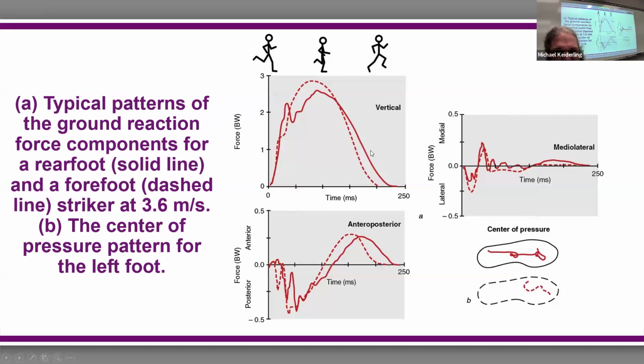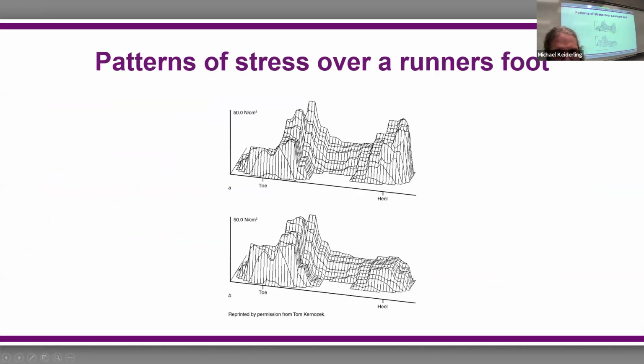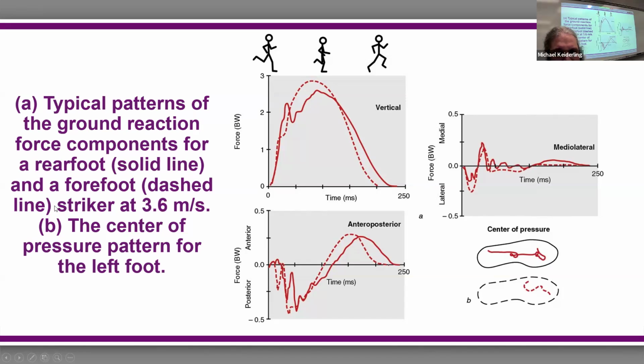And these are some examples of the typical patterns of the ground reaction force components for a rear foot and a forefoot. The rear foot is the solid line, the forefoot is the dashed line, as it strikes the ground at 3.6 meters, running at 6.6 meters per second.